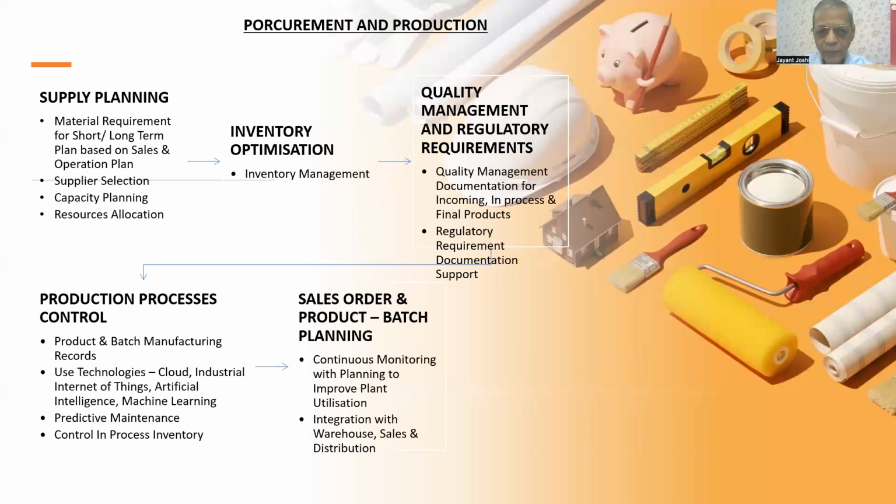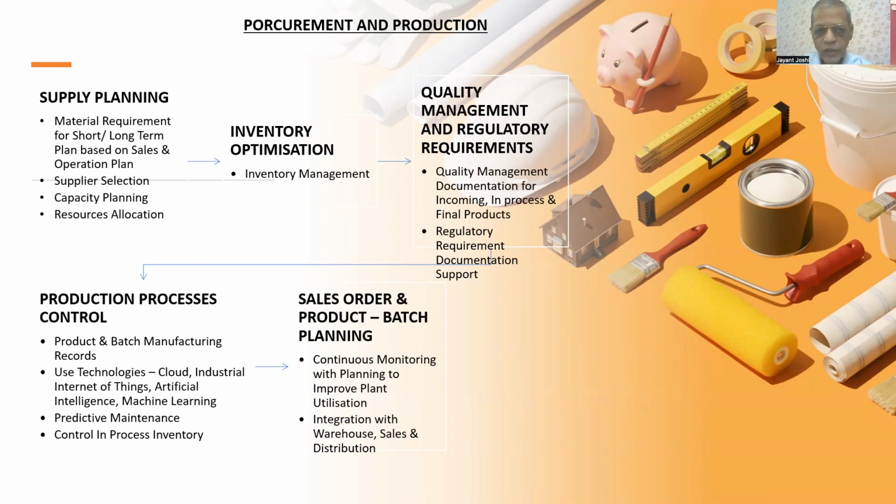And for that manufacturing, what is the material requirement? We have to look at what different materials or support services are required, both on a short term and a long term, to support our sales and operation plan. So this is a supply planning process, right?